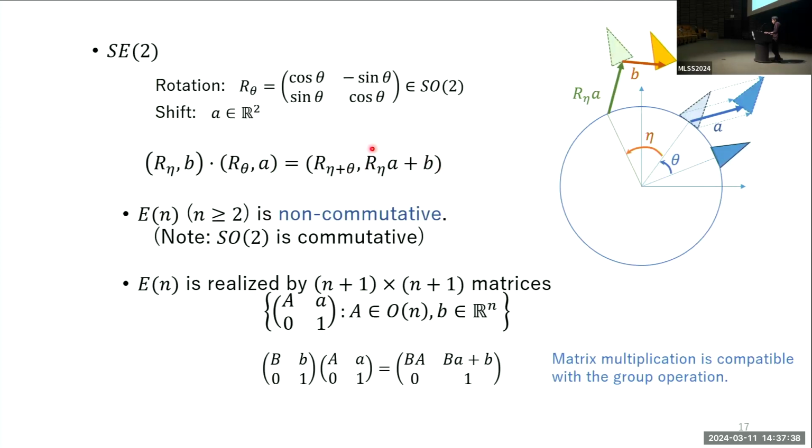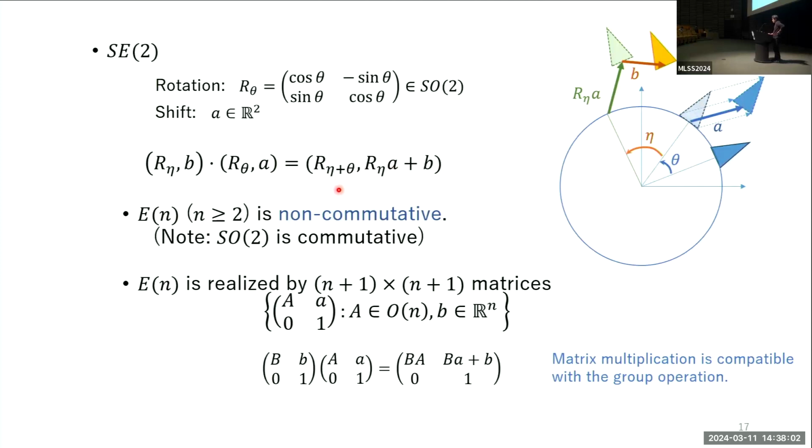However, in the translation part, we see that A is also rotated by angle eta. So in addition to B, we have R eta A. This is the result of the multiplication of two elements of SE(2).